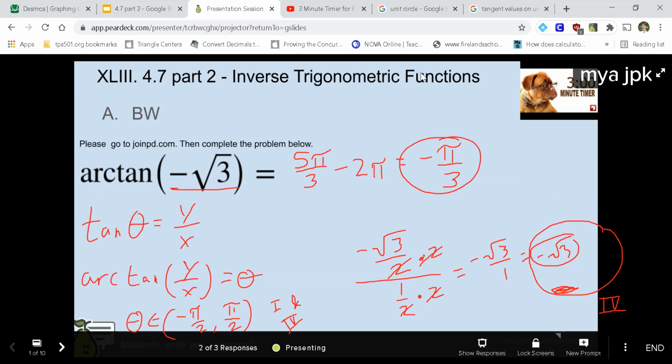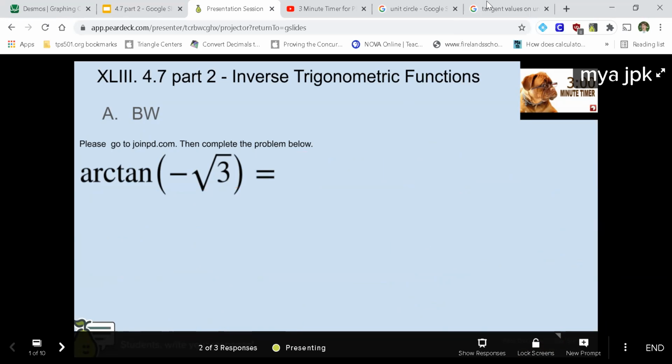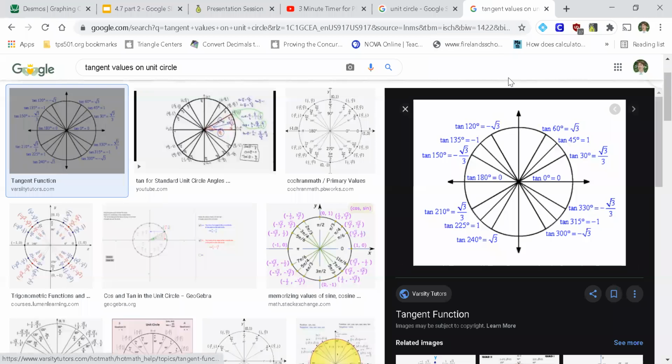What could also help you for these problems is if you Google tangent values on the unit circle, the first image that shows up has all of your y divided by x ratios already set for each of the angles. So then you don't have to work it through by hand. You could just pull the answers from your graph here.